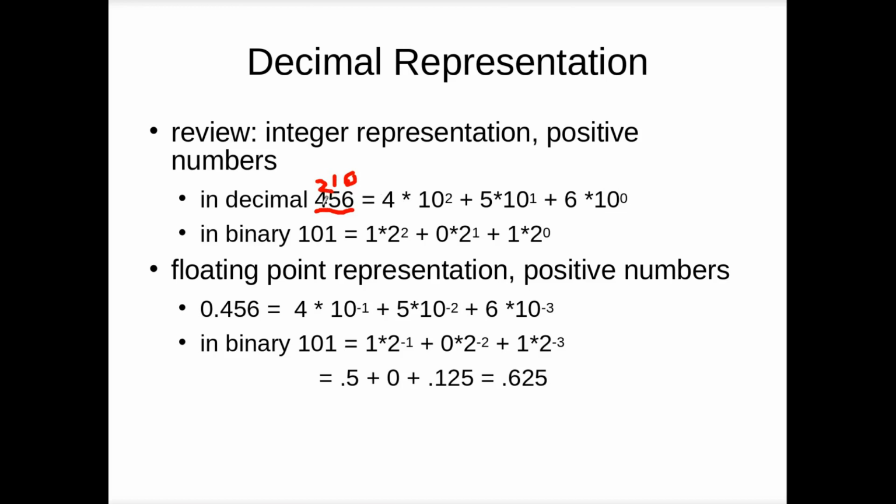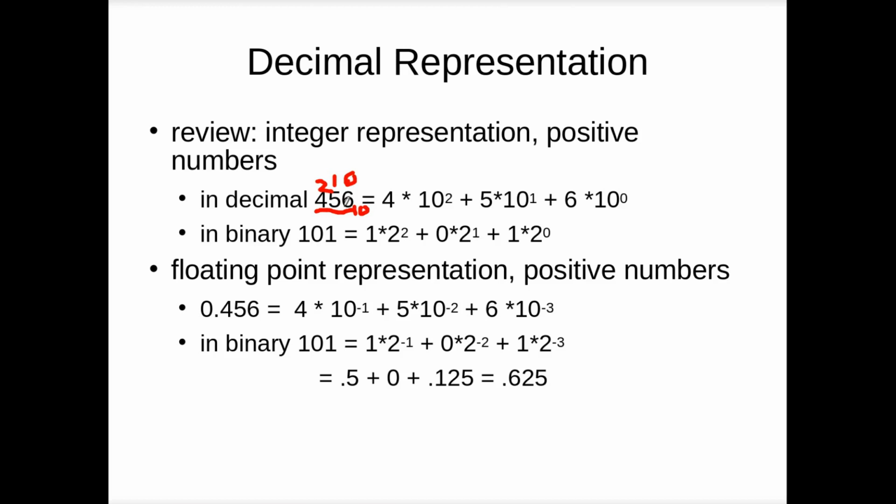This is the 2nd position, and it's base 10. So it's 4 times 10 to the second, which is 400. 5 times 10 to the first is 50. And 6 times 10 to the 0th position, or the 1's position, is 6.